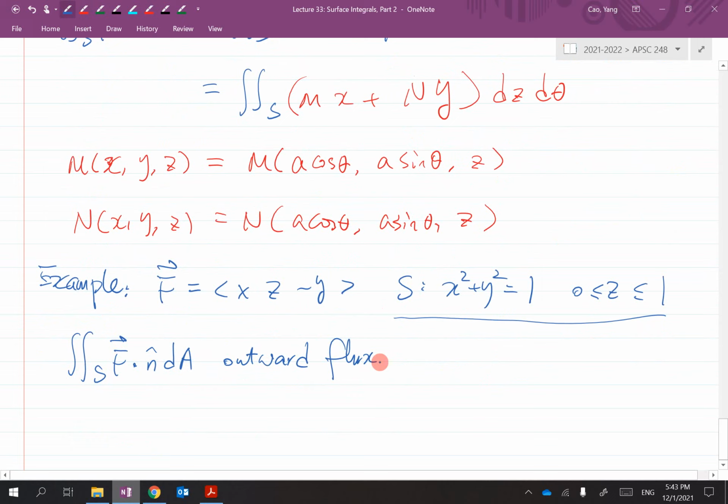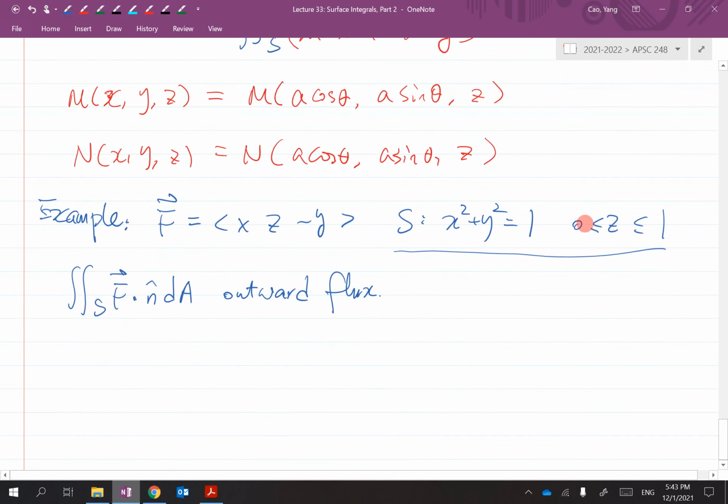Outward flux. Whenever it says outward flux, that basically is a hint at what choice of n hat you should choose.